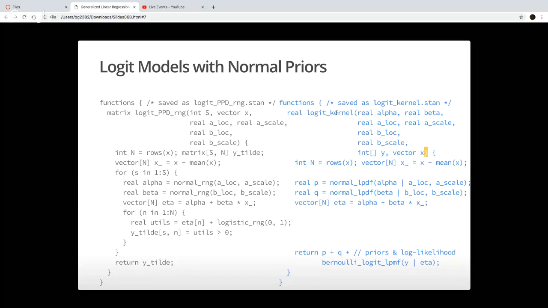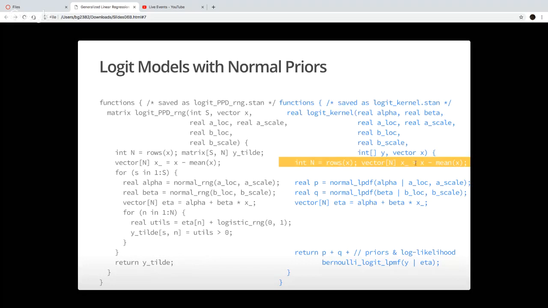So remember, this kernel function is a function of the parameters conditional on observed data, whereas the version on the left here was really to generate from the distribution that we anticipate the data to be before we actually collect the data. Anyway, it's a lot the same.